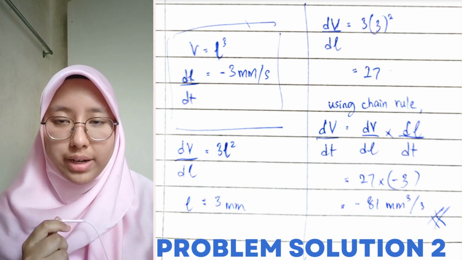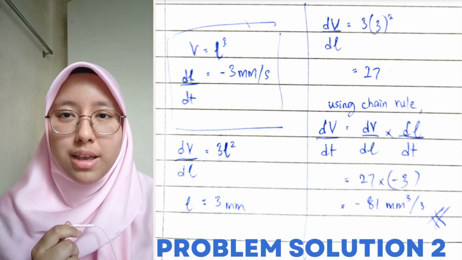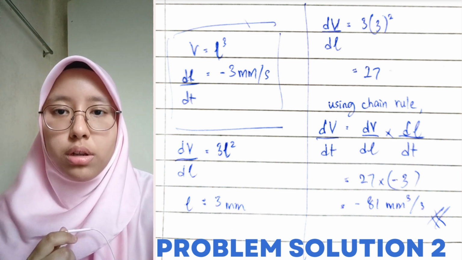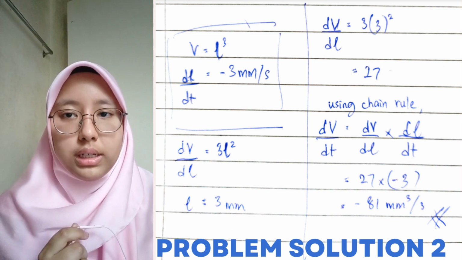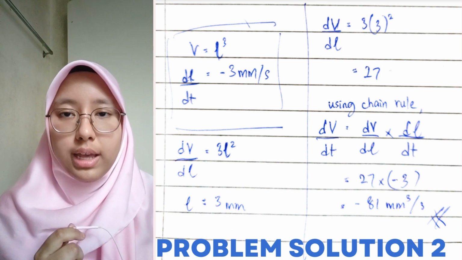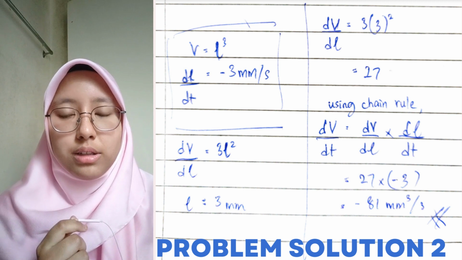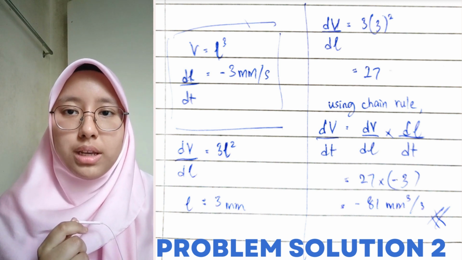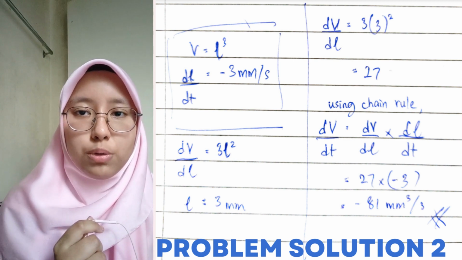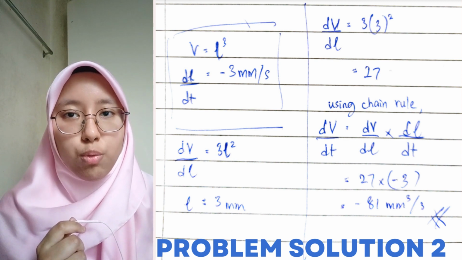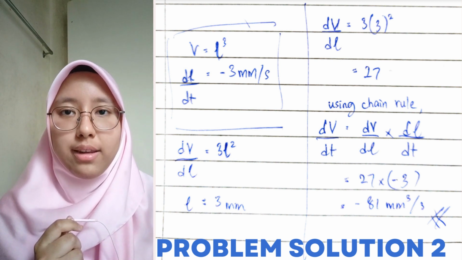Next, to find the rate at which the volume changes, dV over dt, we can use the chain rule. dV over dt equals dV over dL times dL over dt, which is 27 times negative 3. So the volume is changing at a rate of negative 81 millimeter cube per second.